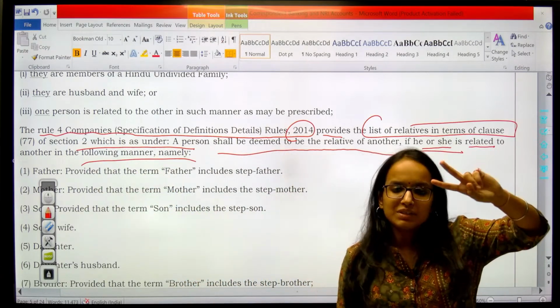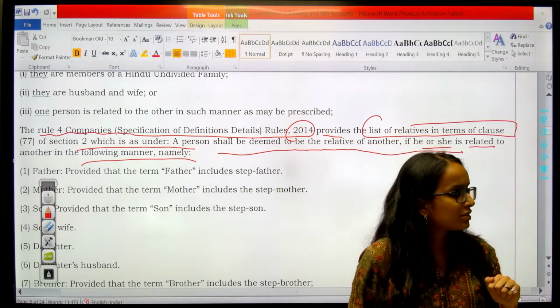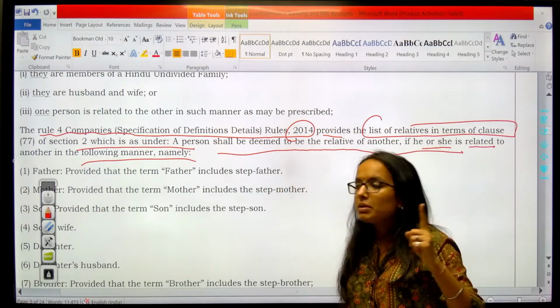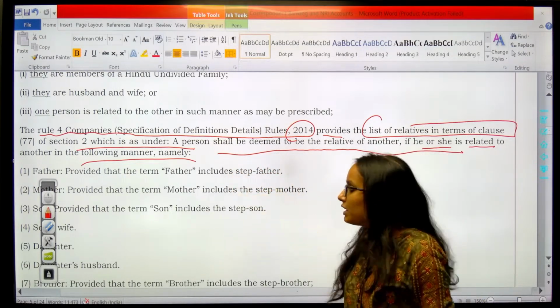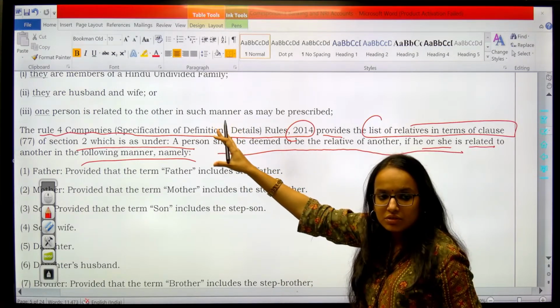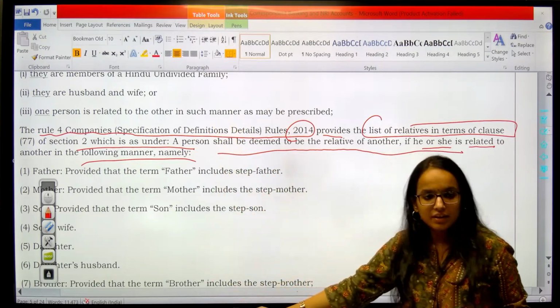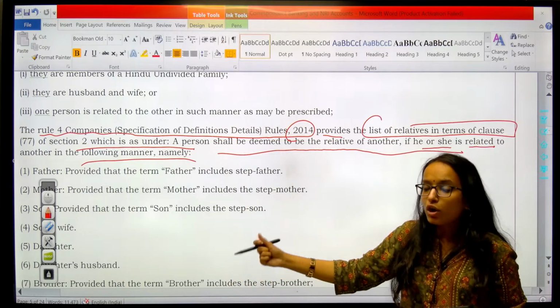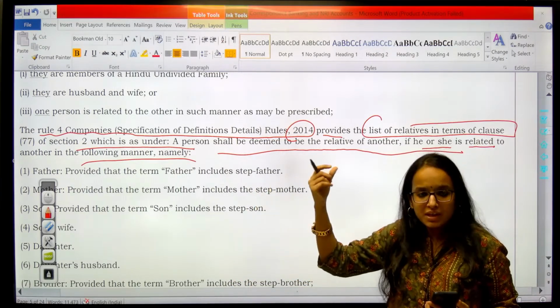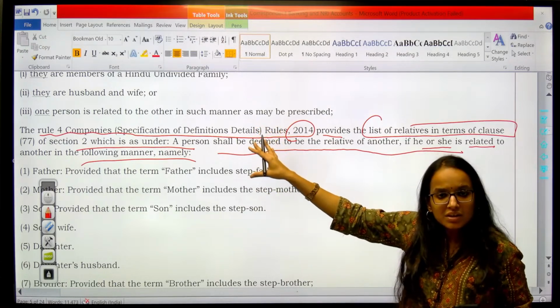So you have two sets of rules, two kinds of relations. First, member of a Hindu undivided family, either you are husband and wife or one person. So this is one set of relations. Another is given here. What all other relations can be considered for classifying that person as your relative for this particular NRE account matter.